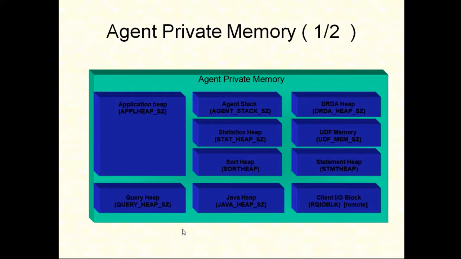As I explained earlier, when DB2 sees an incoming connection request, it allocates memory to the agent, so the agent can work on behalf of that connection. The agent has its own sort heap and the Java heap. These are all very internal DB2 memory structures.